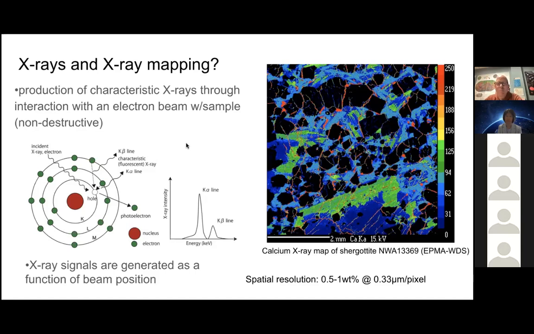One of the main advantages of this technique is that it has a high spatial resolution. We can measure a given element down to concentrations of less than half a weight percent to 1 weight percent at a resolution of about 0.33 microns per pixel.